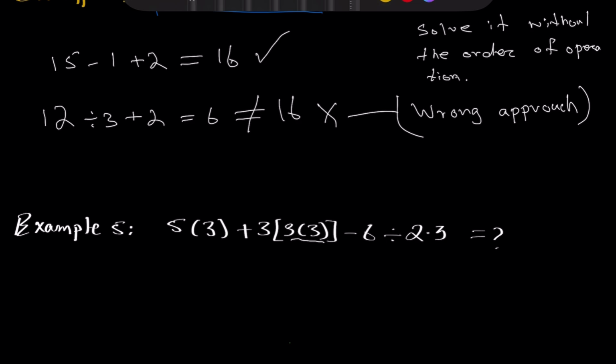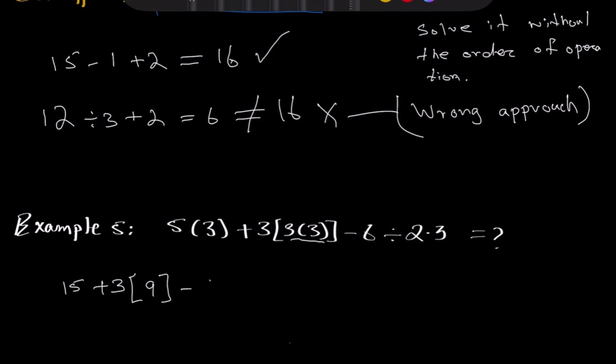We start from the first group of parentheses, which is the smaller parentheses. 5 times 3, the parentheses mean that they are multiplied to each other, so 5 times 3 will be 15, plus 3. We will leave the big bracket and come to step 2. 3 times 3 is 9, so we get rid of the small group of parentheses.